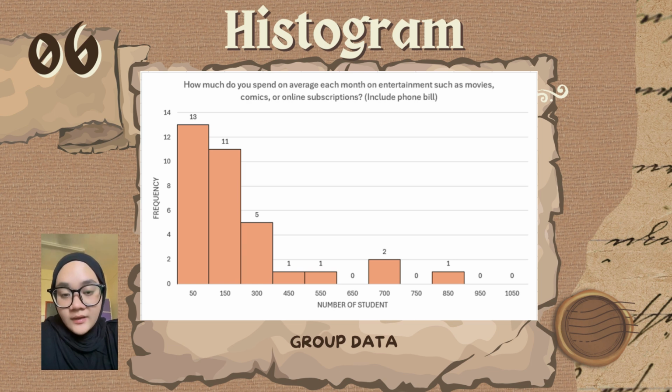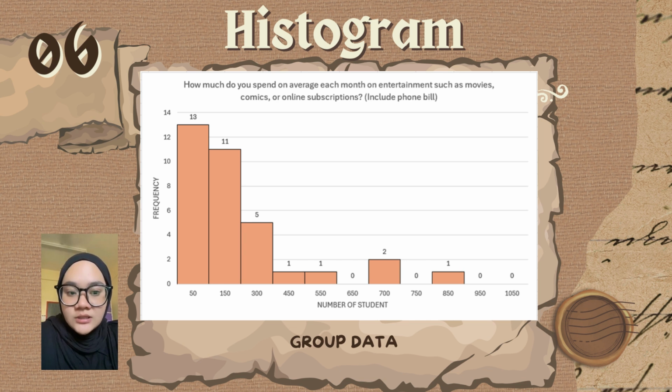The spending is divided into several class intervals such as first RM0 until RM150, second RM151 until RM300, third RM301 until RM450, and so on up to RM901 until RM1050.